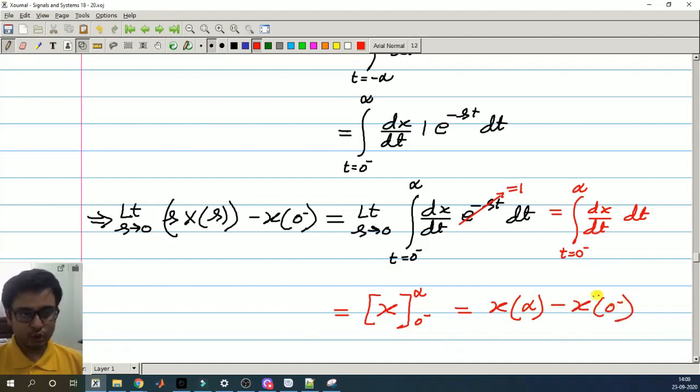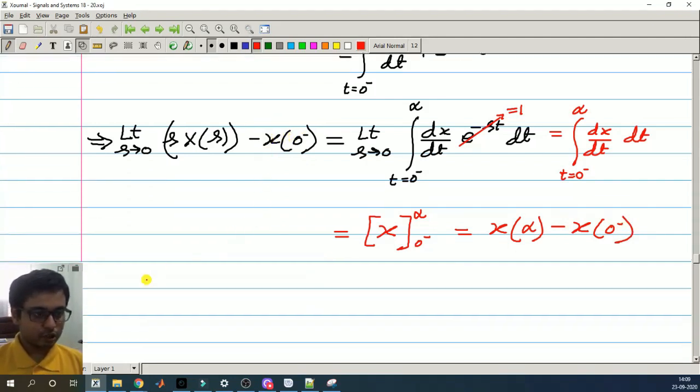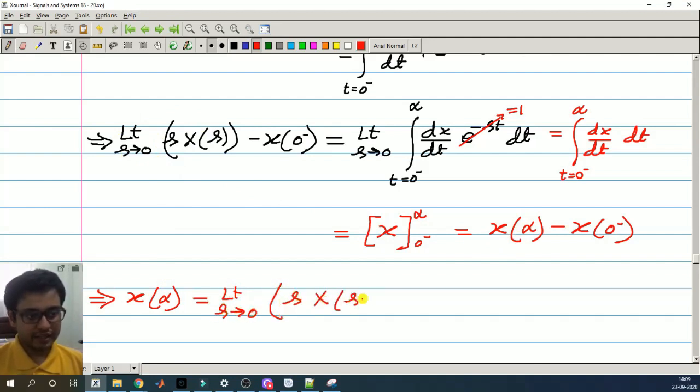Now this x0 minus and this x0 minus will cancel, so we will have x at infinity equal to this limit. The limit s tending to 0 of s capital Xs. That is the proof of our final value theorem.